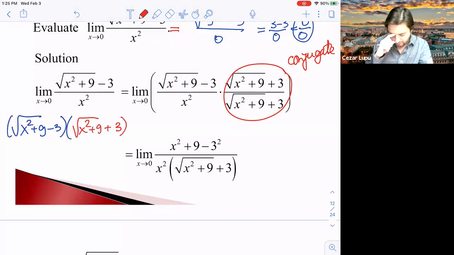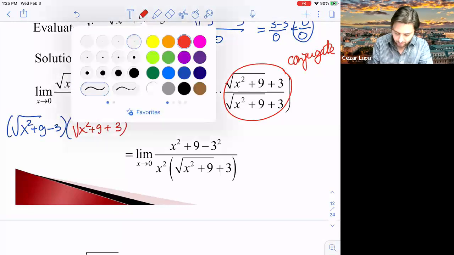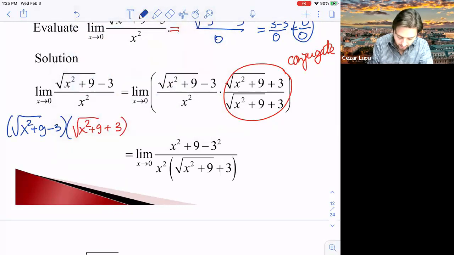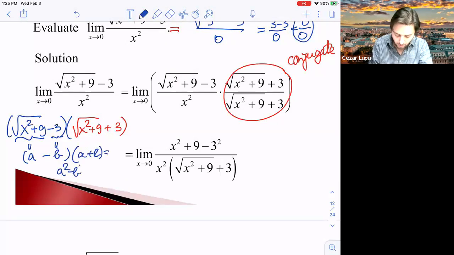This is the difference of two terms. Let's call this an a, let's call this a b. This is a minus b, and this is nothing else than a plus b. And we know by the formula this is a squared minus b squared. So this guy will give us nothing else than just x squared plus 9 minus 3 squared, which at the end will be x squared. So that's what we need to know here.